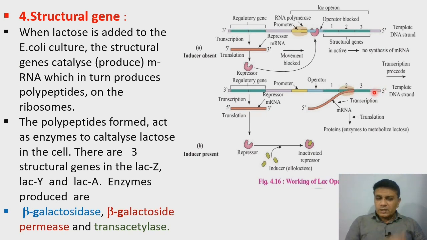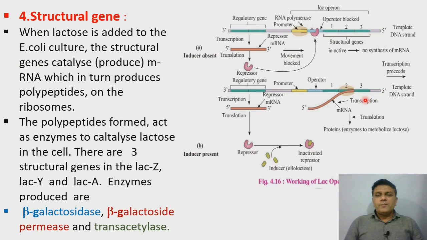So these are the three structural genes and the enzymes produced by them are: structural gene Z will produce beta galactosidase. Then Y will produce beta galactoside permease and then structural gene A will produce transacetylase.